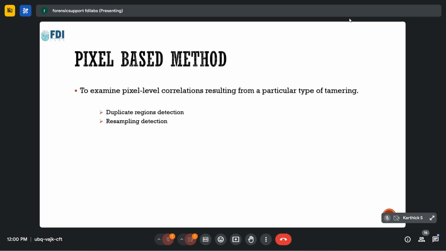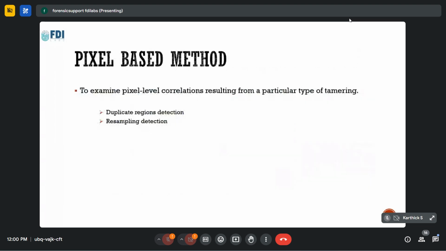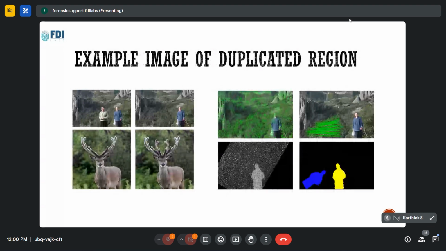Here we can see how the pixel based method is used. This is one example of how duplicated region forgery takes place, also called the copy move method.